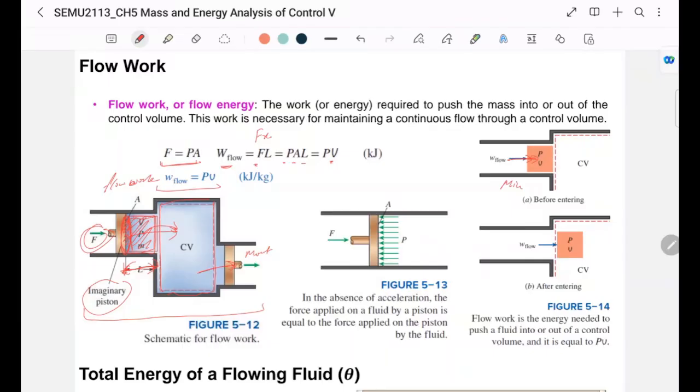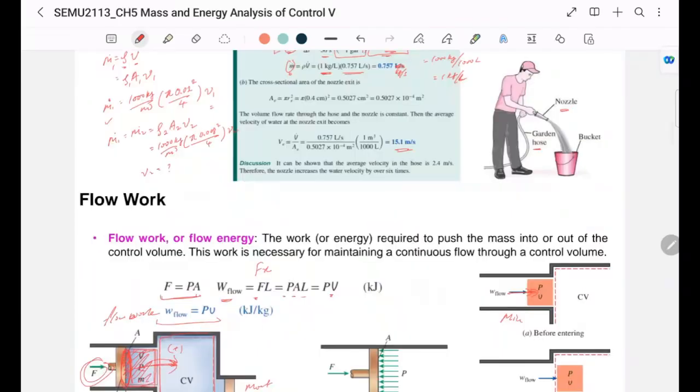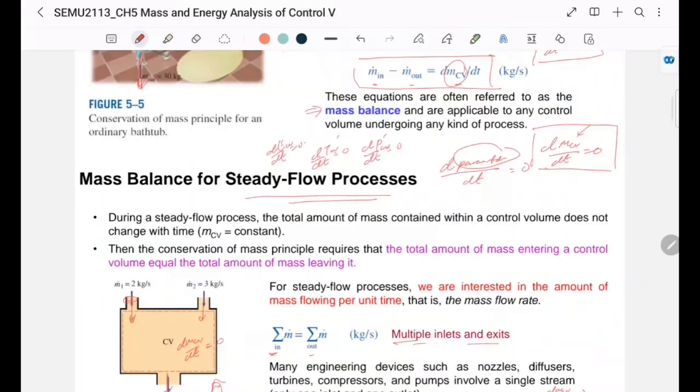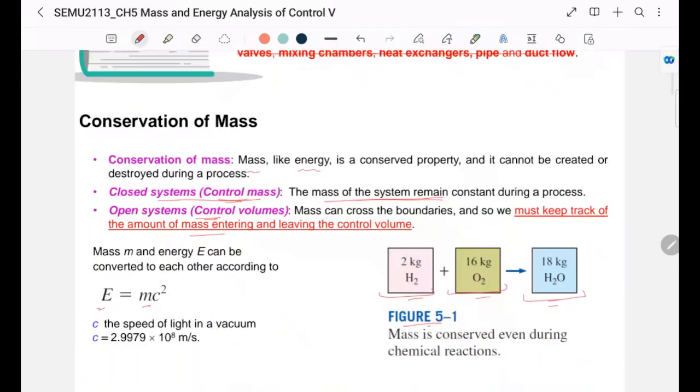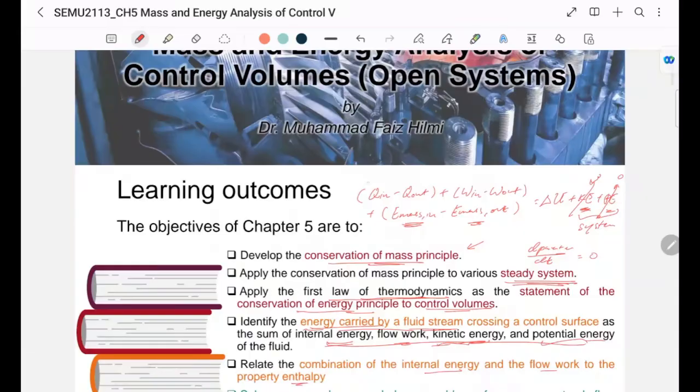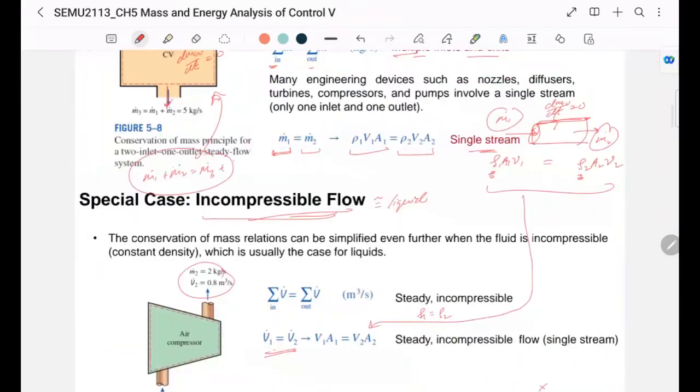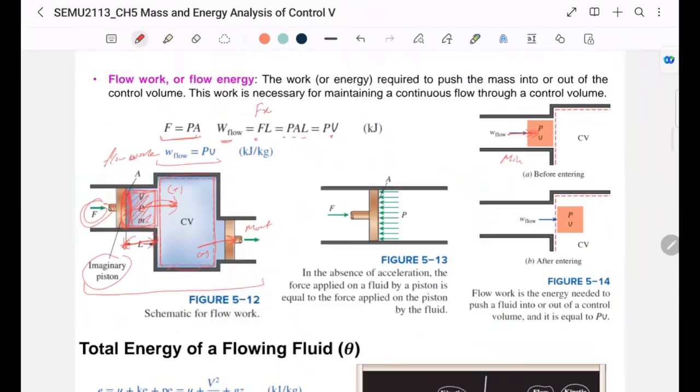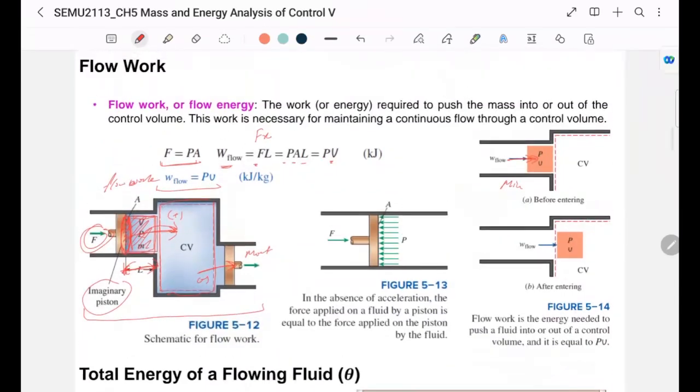When it goes out from the control volume, it's negative. Goes in is positive, basically. That's how we write the equation as well. Let me go back to here. You see it's always in minus out, in minus out. Same goes for here, in minus out as well. So that's basically what flow work is, or flow energy, sometimes we call it.